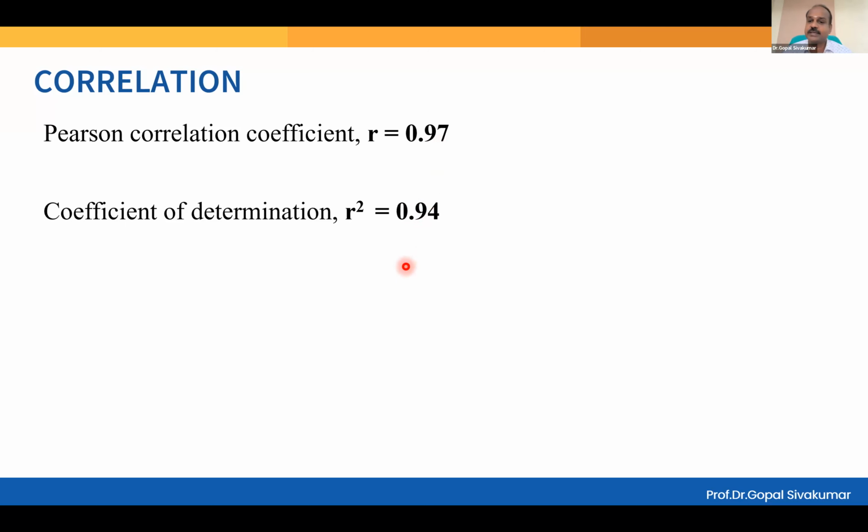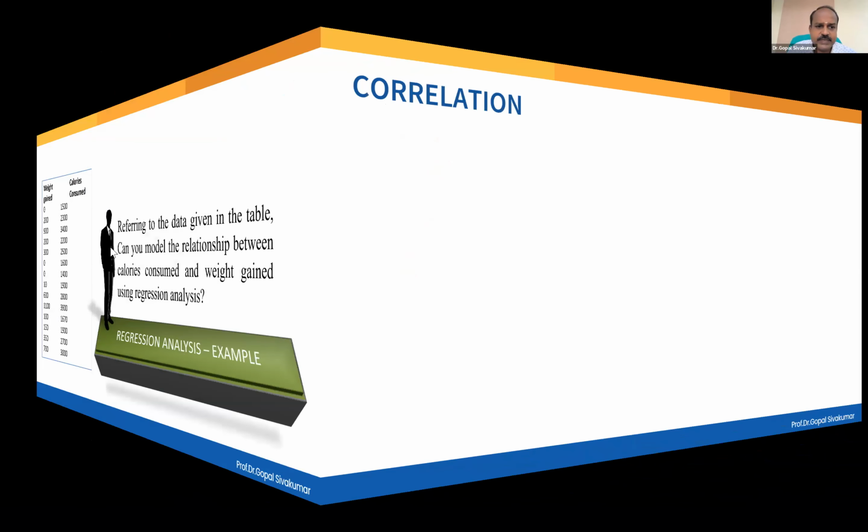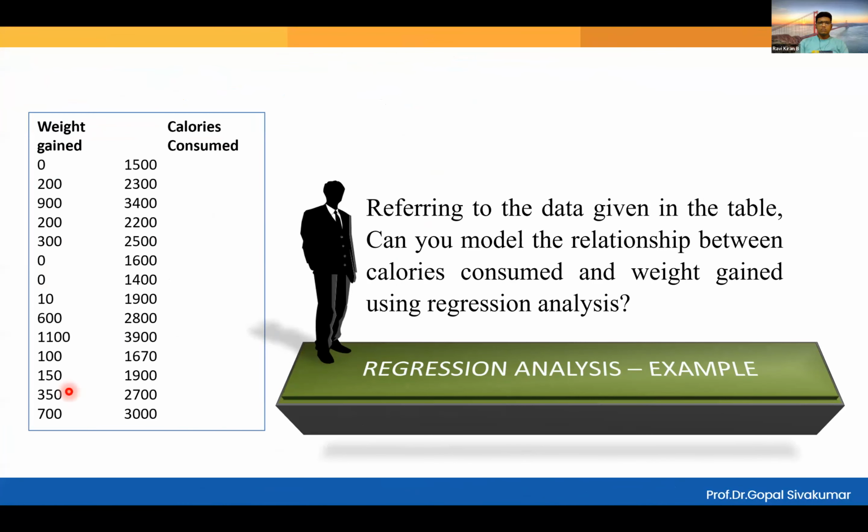Now, this is telling me something different. 94% of the variation we observed in the y variable is explained by the variation we have made in the x variable. Listen to my statement very carefully. 94% of the variation observed in the y variable can be explained by the variations we have made in the x variable.